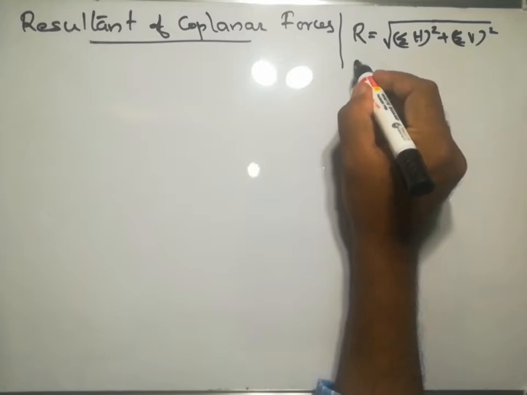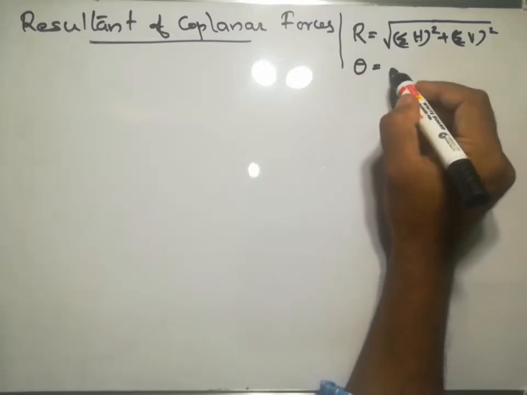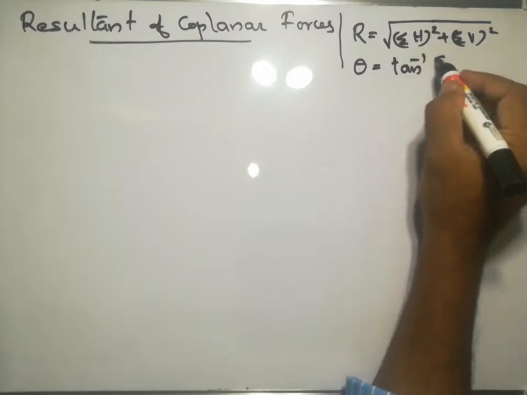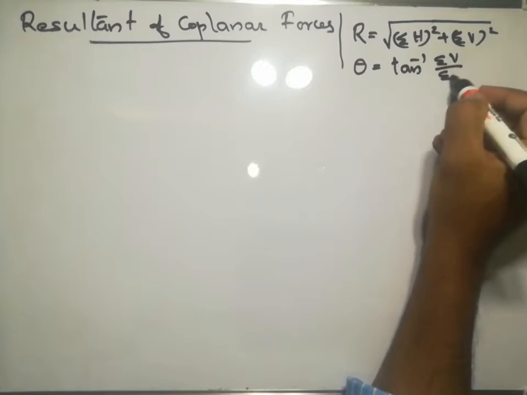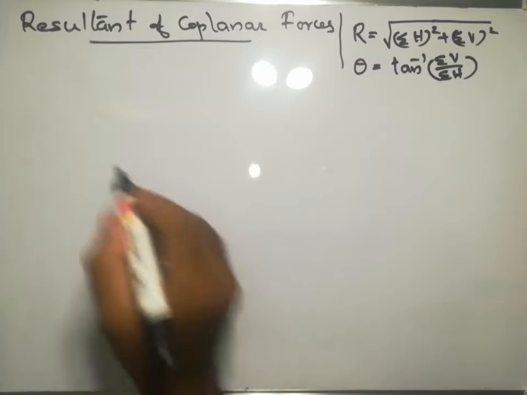The inclination of this resultant with respect to the horizontal is calculated using the equation tan inverse of sigma V divided by sigma H. So these are the two equations we are going to use.